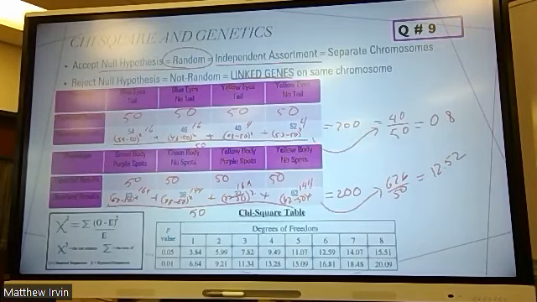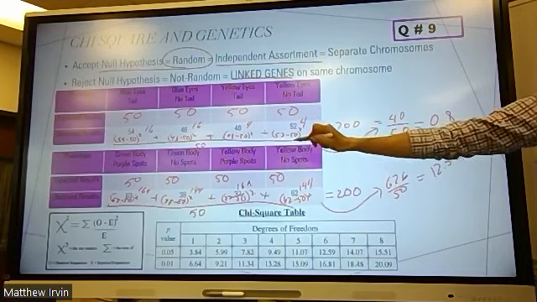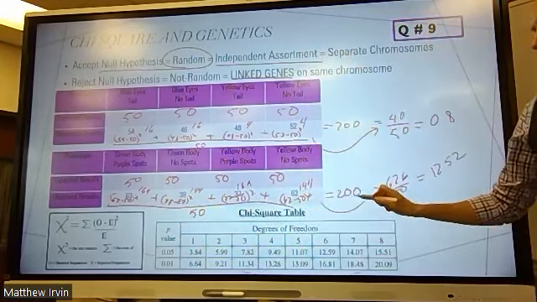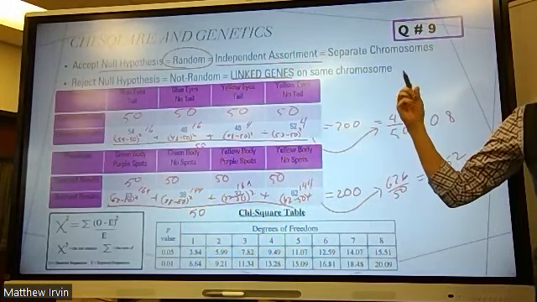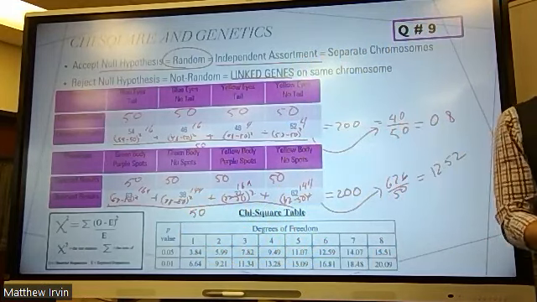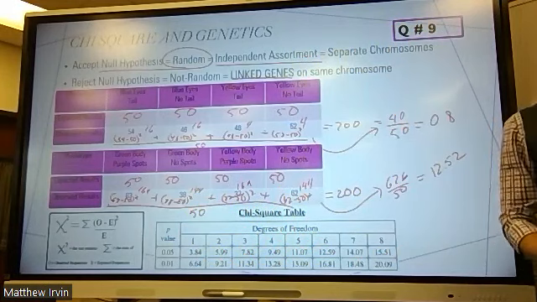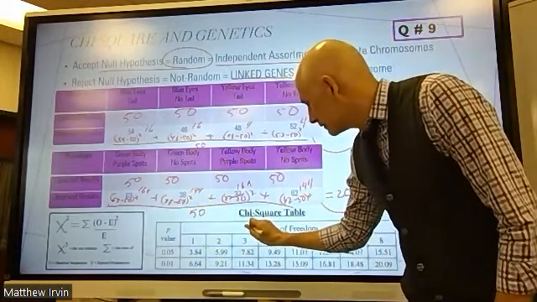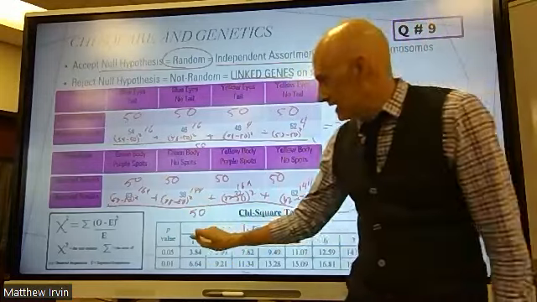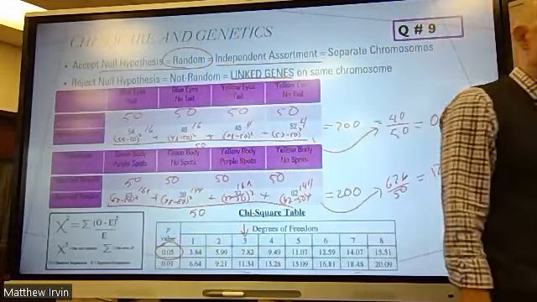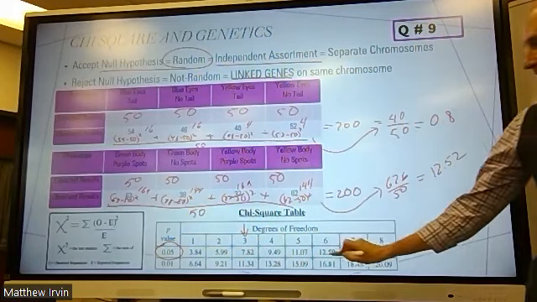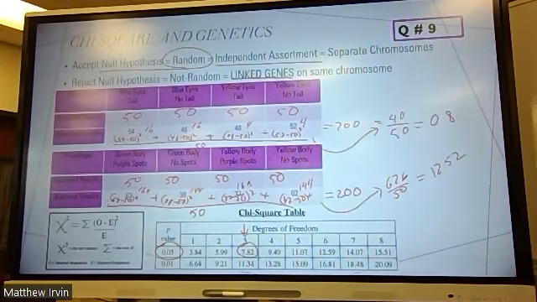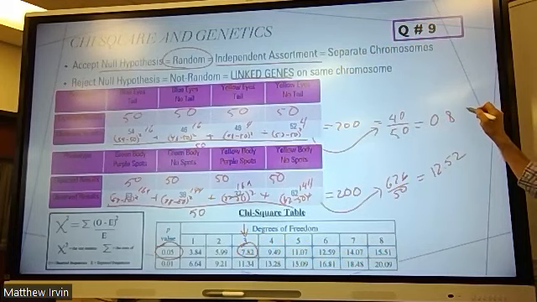So now when we look at this, we look at our confidence chart. How many degrees of freedom do we have for both of these? 3. We have 4 categories. Degrees of freedom is categories minus 1. So we are looking here, degrees of freedom of 3 at a 95% confidence level, the 0.05 p-value. And so our value is 7.82. So the first one, 0.8, is less than 7.82.